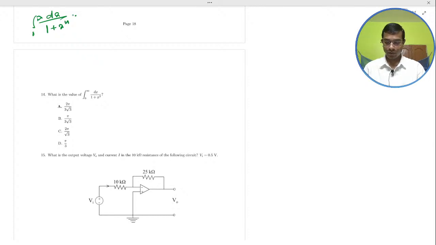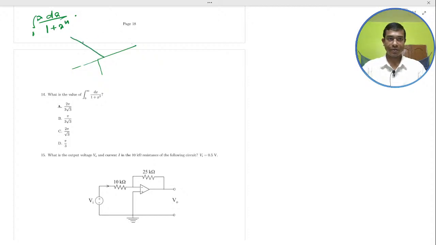I give you a hint; solve it yourself. You already solved it in your BSc or MSc complex variable chapter. You just choose a contour here.